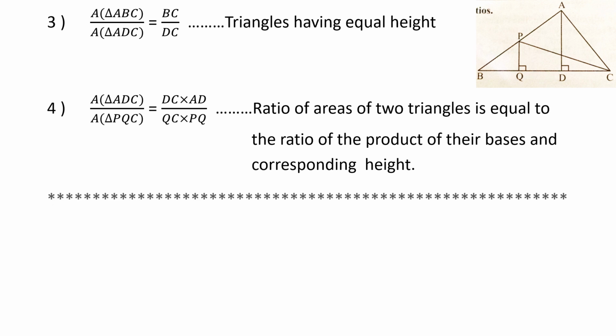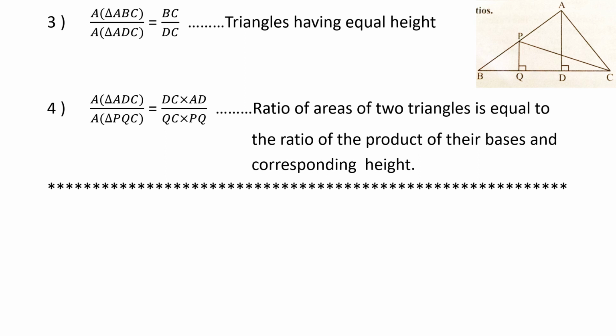So ratio is equal to the product of their corresponding bases and corresponding height. So for ADC, DC is the base and AD is the height. And for triangle PQC, QC is the base and PQ is the height. Therefore ratio will be DC into AD upon QC into PQ.